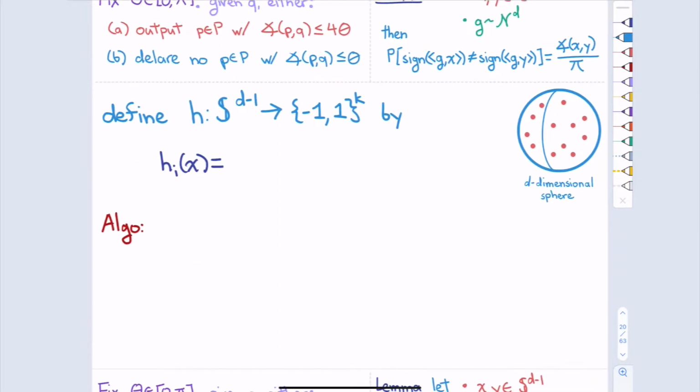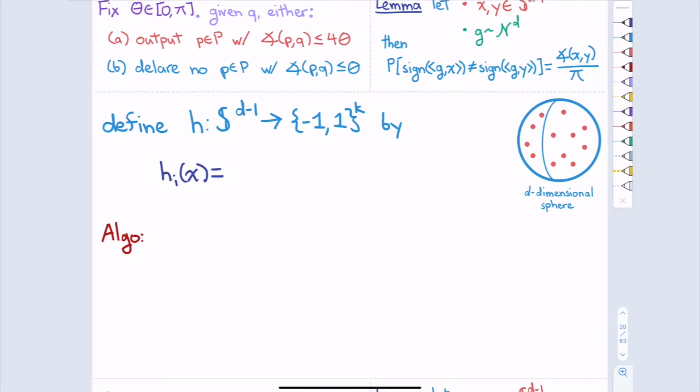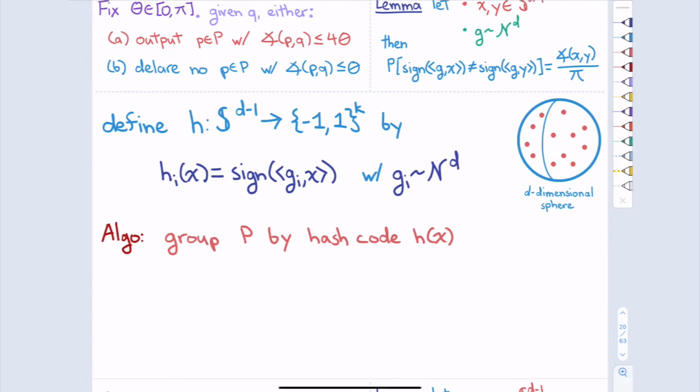We're going to define a hash function where we have k coordinates. We'll figure out what k will be in a moment. Each coordinate is going to do one of these Gaussian projections. And the algorithm, as has already been suggested, is we'll take our input points P and group everything by hash code. And to query a point Q, I'll just go to the list of all the points with the same hash code as the query point, I guess Y, not Q.